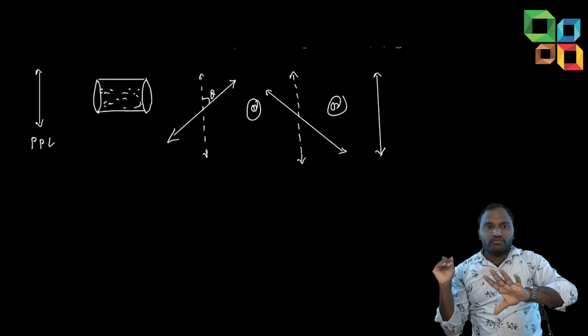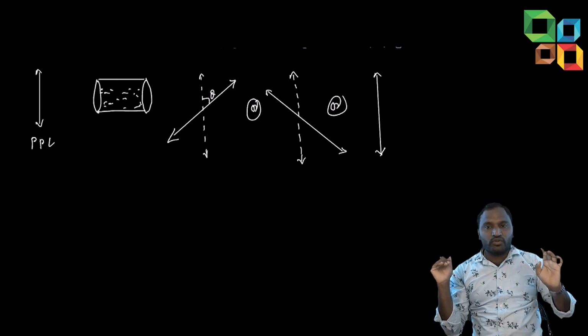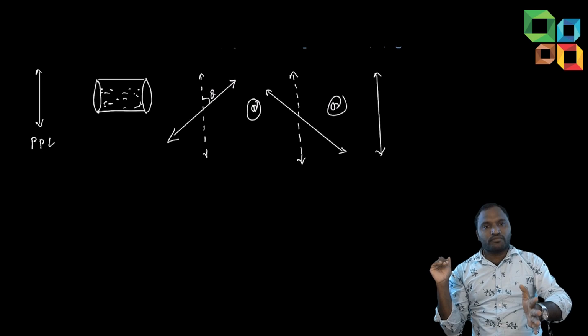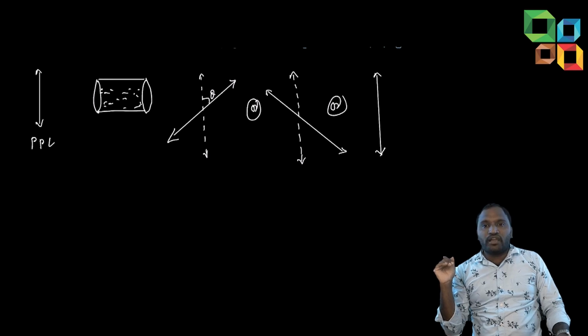Optically active means it is doing some work on the light, so it is active. Some compounds don't change the direction of the light. Those are called optically inactive. And this phenomenon is called optical activity.